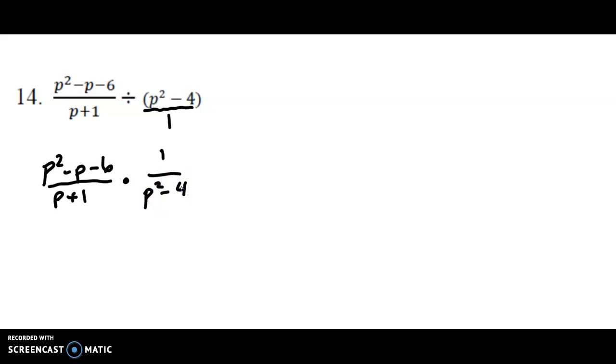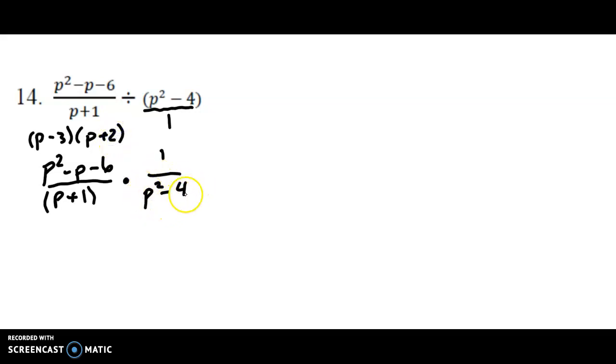And now we want to try to simplify. So I have a monomial and a binomial. So I'm going to put the binomial in parentheses, but there's nothing that I can do. Here I have a trinomial and a binomial, so I need to factor. This is going to be p minus 3 times p plus 2.